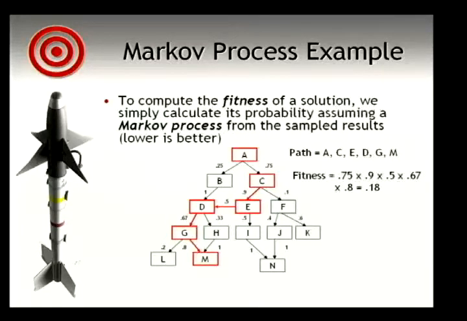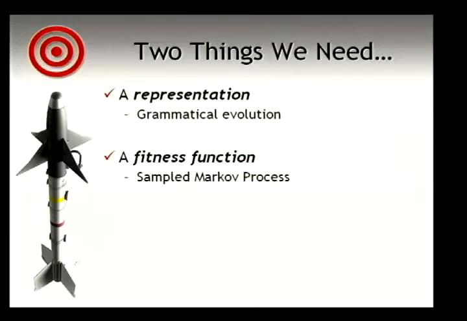So as you can see, the lower the numbers on each edge that you take, so the less that place has been explored, the better your fitness is. So now we have the two things we need. We have a representation, grammatical evolution, and we have a fitness function, the sampled Markov process. So now that we have those two things, we need a specific implementation, and that's what Sean is going to explain.